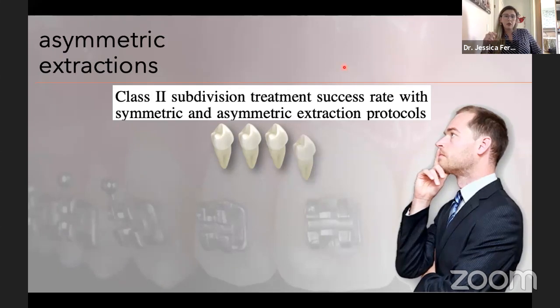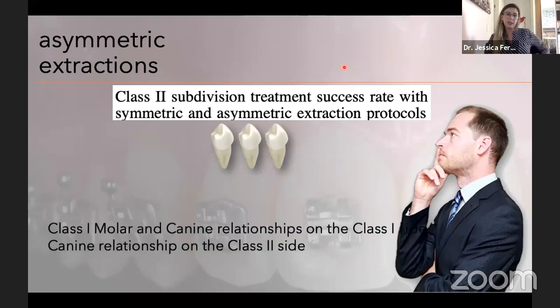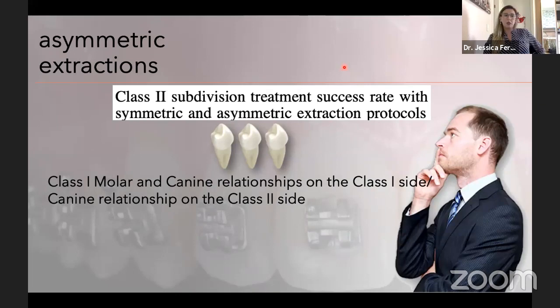However, when we are treating the class 2 subdivision with the extraction of three premolars, the patient will end the treatment with a class 1 molar and canine relationship on the class 1 side, and a class 1 canine relationship on the class 2 side.